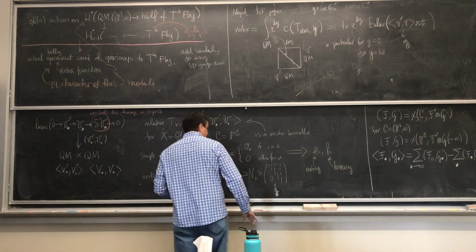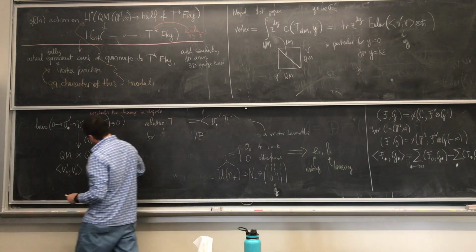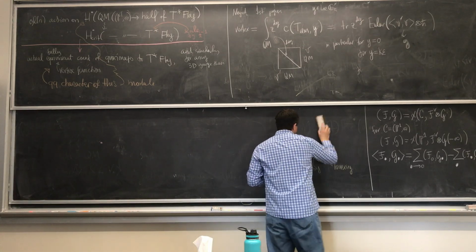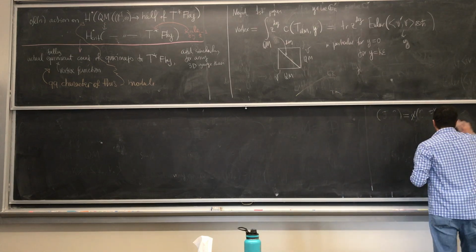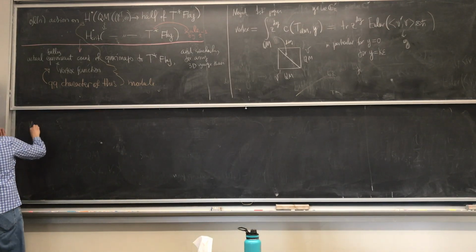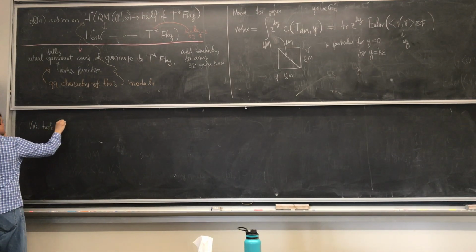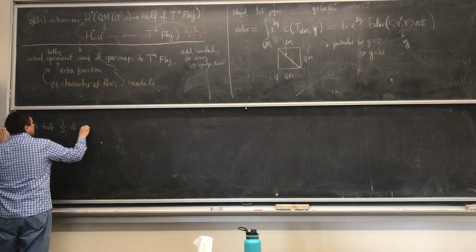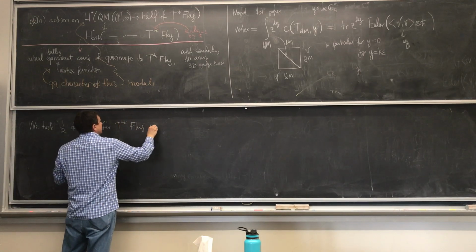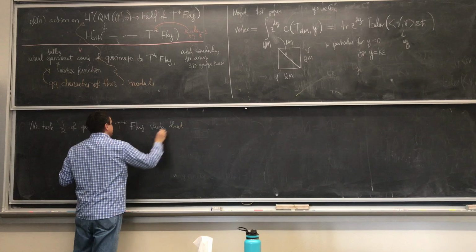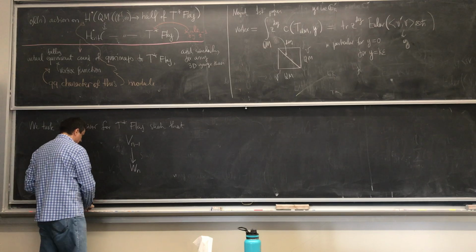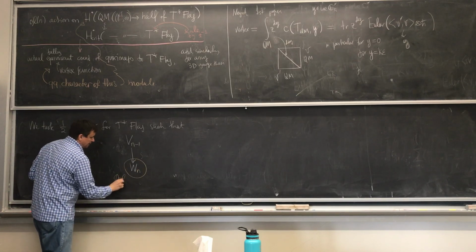And so now we took a half of the quiver for T star flag such that the framing spaces only receive maps.